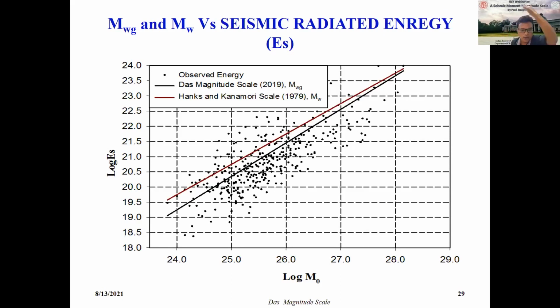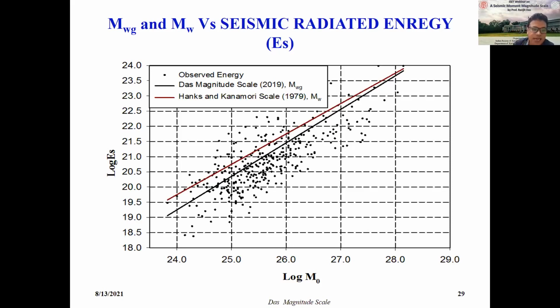Also, we have 361 seismic radiated energy events from Choy and Boatwright. They independently estimated the energy of 361 events. Then we used these energy events and, from the moment, calculated the energy in both ways, in our scale and also in the Hanks-Kanamori scale.